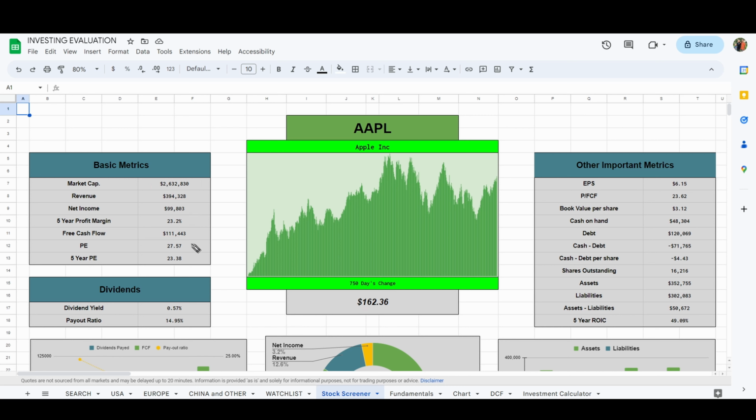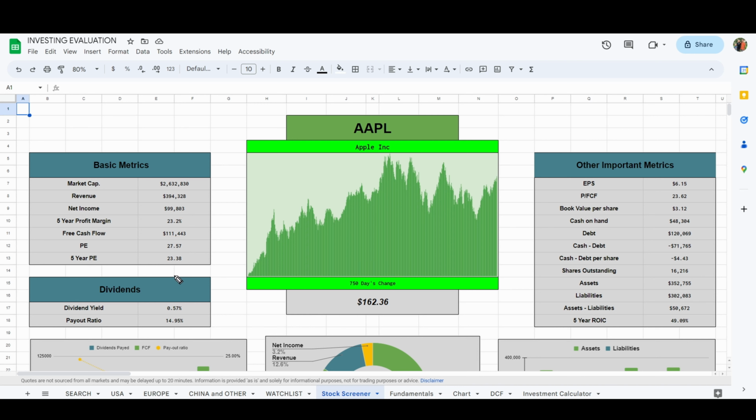So next we have the two valuation metrics, the price to earning and the price to free cash flow. You can see that these are relatively high on Apple. The price to earning basically means in how many years, if you buy the entire company, will you gain back what you invested into the company with the current net income?